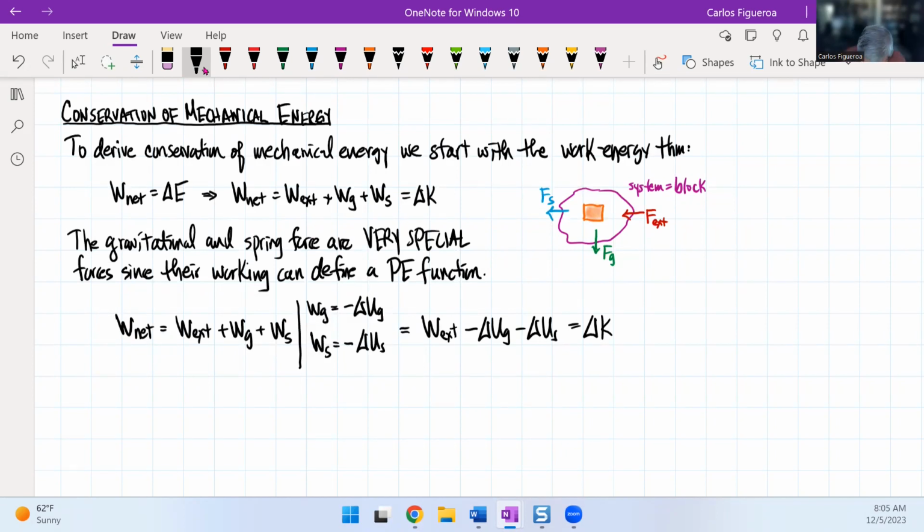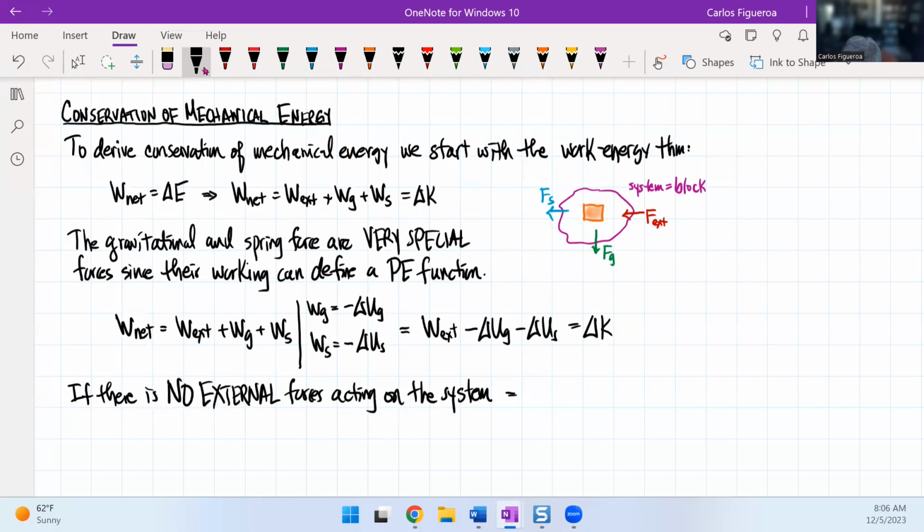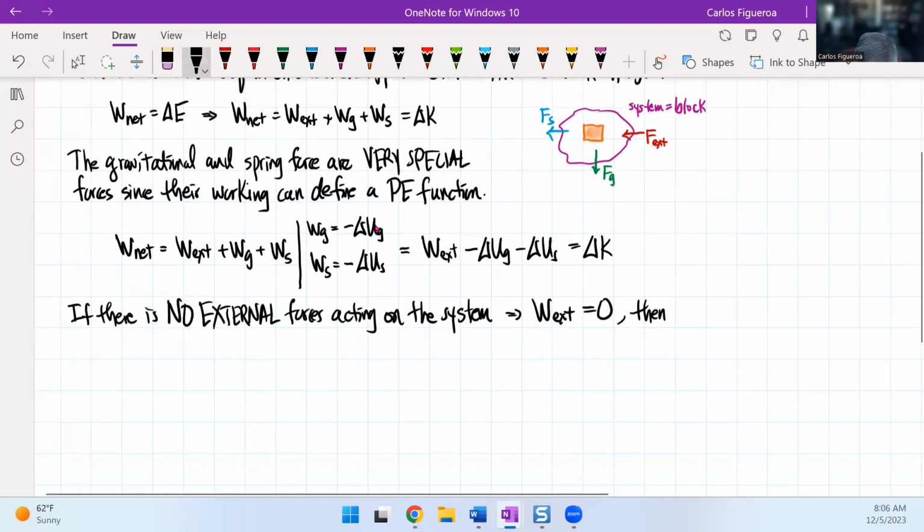Now, if there are no external forces acting on the system, that implies that the external work is zero. Then this term becomes zero.